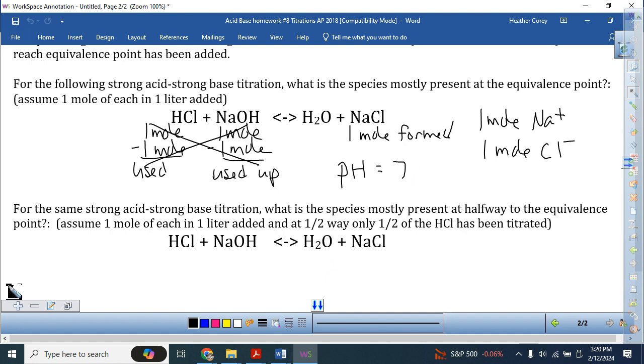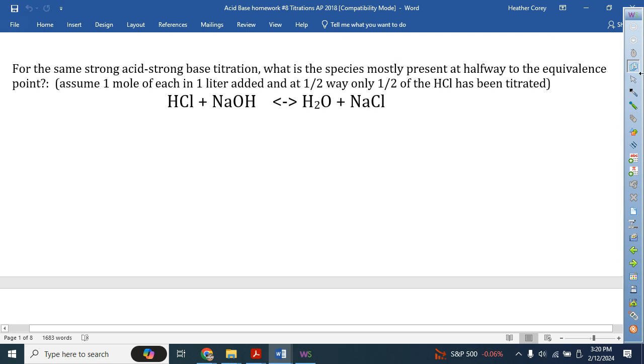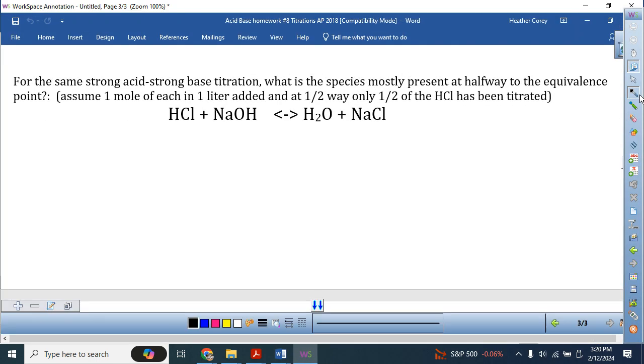Okay, if we have the same chemical reaction, and half of the HCl has been titrated, so if we have 1 mole of this and half of it has been titrated, then we're left with a half mole remaining.